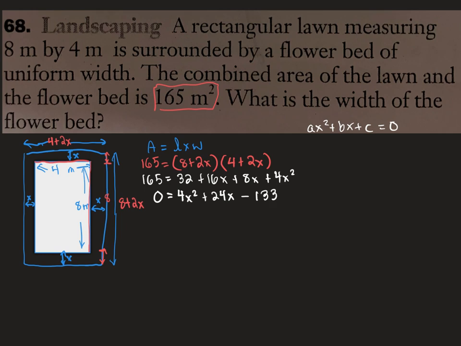All right. Well, that's not going to be fun to factor. But let's give it a try. Because there's a 4 in front of x squared, we're going to go 4 times 133, which gives us 532, so negative 532.